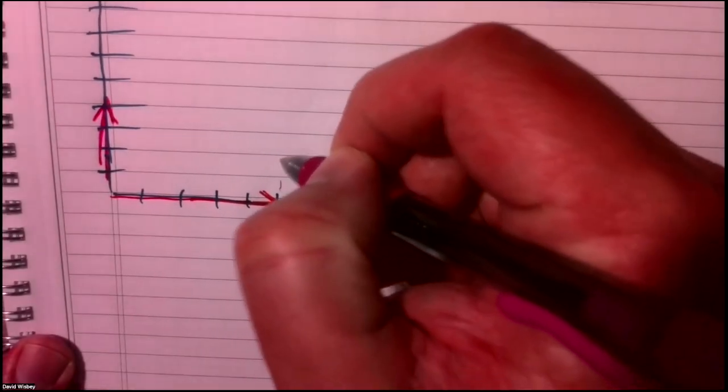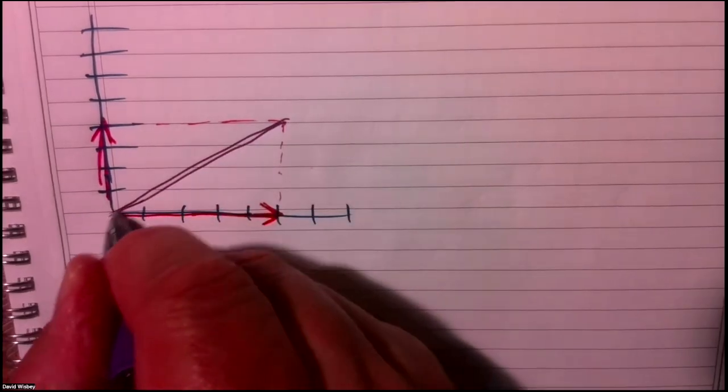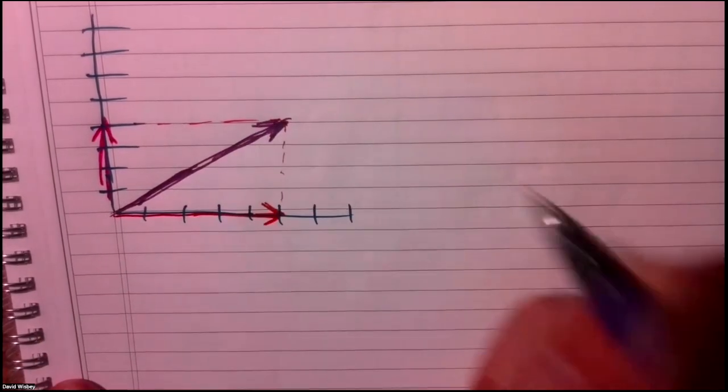So we'll have the x component here, and then our y component over here. And then we're going to draw our vector. I'm going to make my vector purple because, as I mentioned, I like purple vectors. So here is our vector. It is purple, and it's right there.